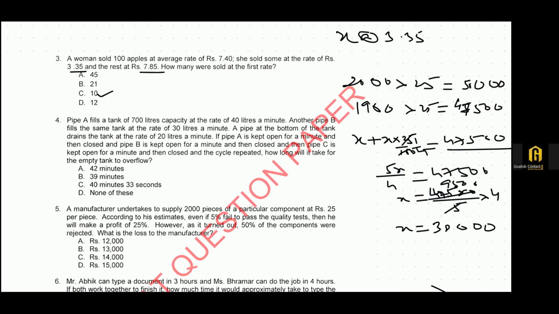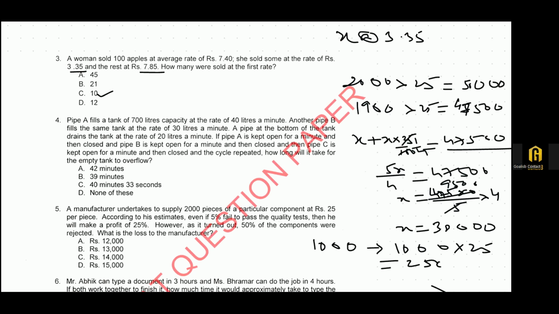So out of total supplied components, out of 2000, 1000 were rejected. So that means 1000 passed, and what was the selling price? At 25 rupees. So how much money did he make? 25,000. Now the question is, what is the loss of the manufacturer?